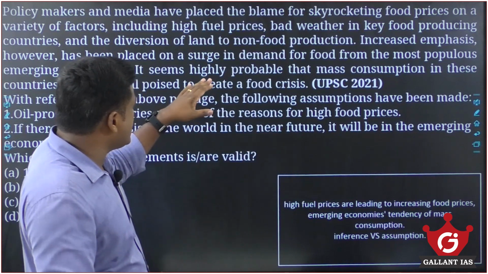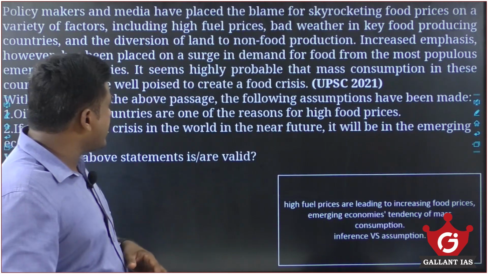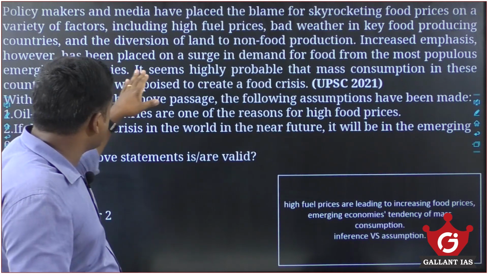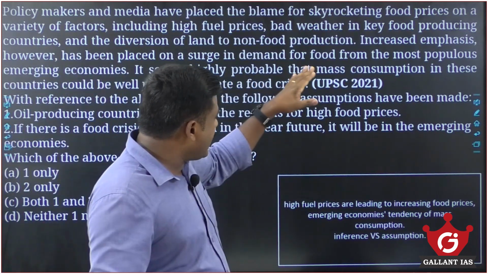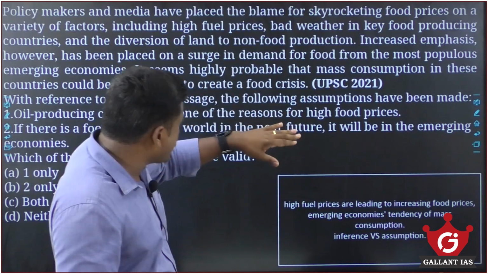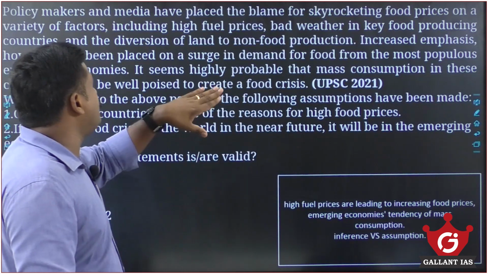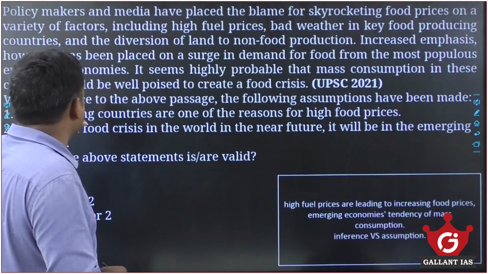But in the passage what they said is: policymakers, media have placed blame for skyrocketing food prices on a variety of factors including high fuel prices, bad weather in key food producing countries and the diversion of land to non-food production. Increased emphasis is being placed on the surge in demand for food from the most populous emerging economies.